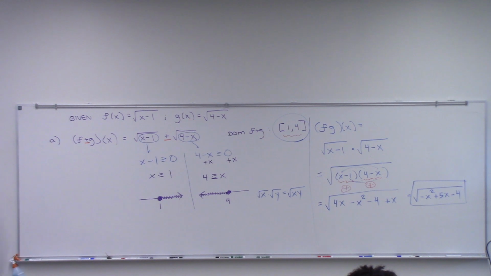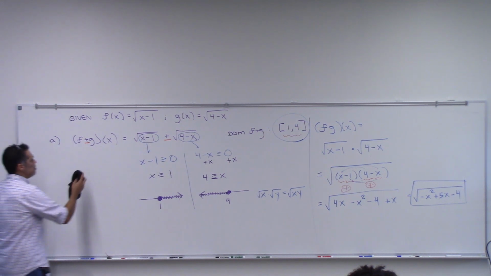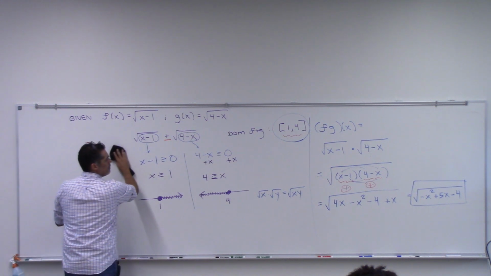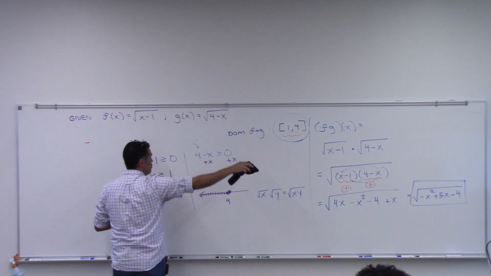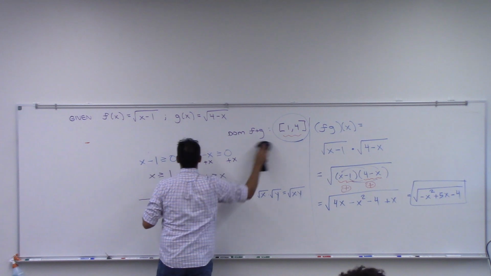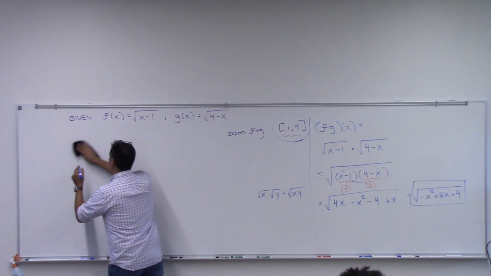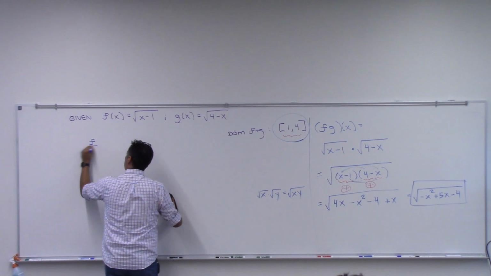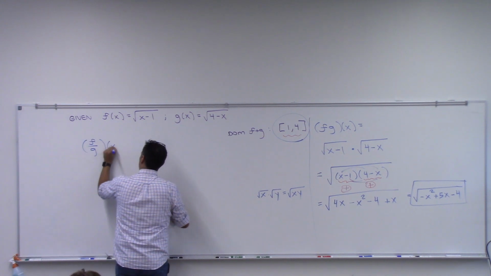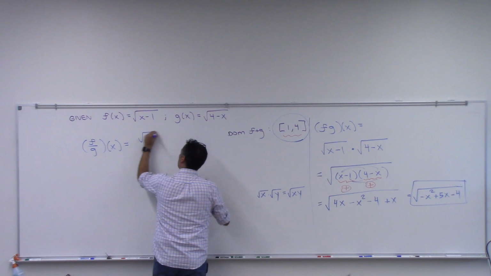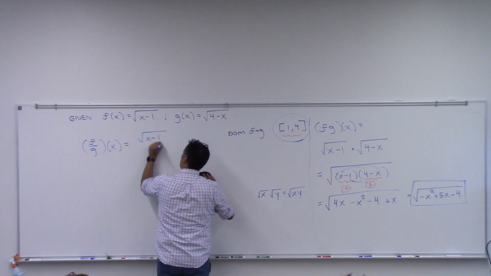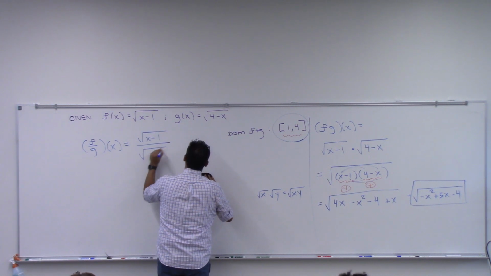All right, let's do the quotient. For the quotient, the domain, the answer to that is that the domain is this as well. So for the quotient, if I do f over g of x, I'm taking the square root on top, this one, dividing it by the square root on the bottom, like this.